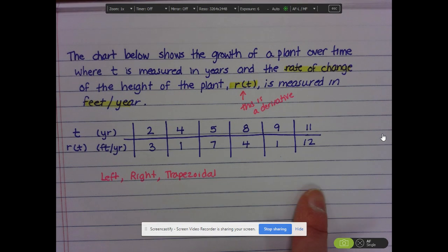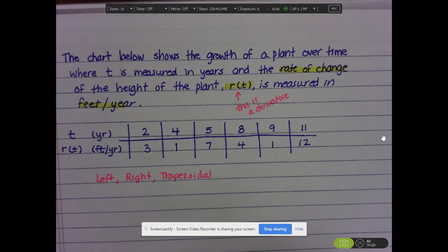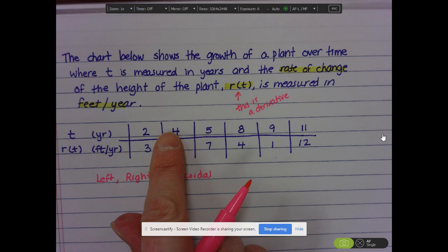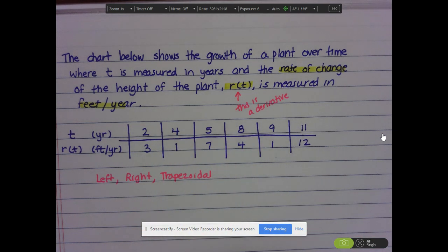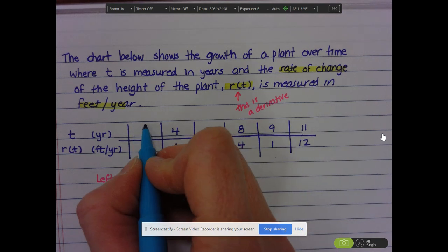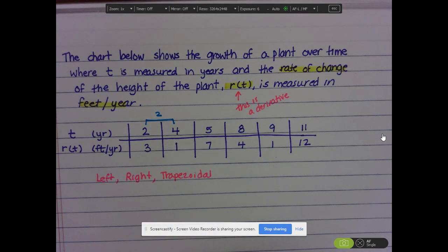So again, notice in this table, the reason they like to use tables on the AP exam is that if you look, we're not going to have equal intervals. Between years 2 and 4, that's 2. So if we're doing a Riemann sum and we're doing a left or a right, we're using rectangles, and the width of our rectangle is not going to be the same.